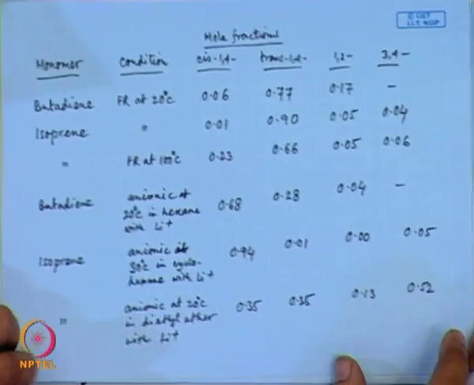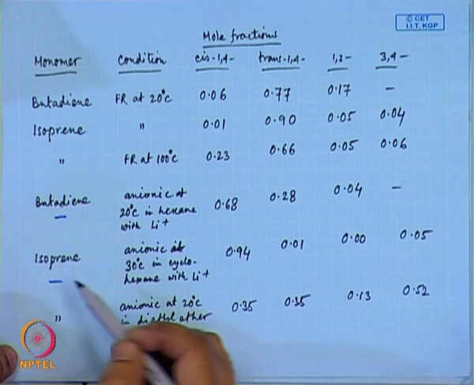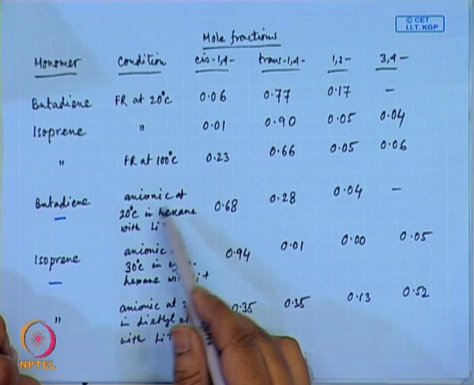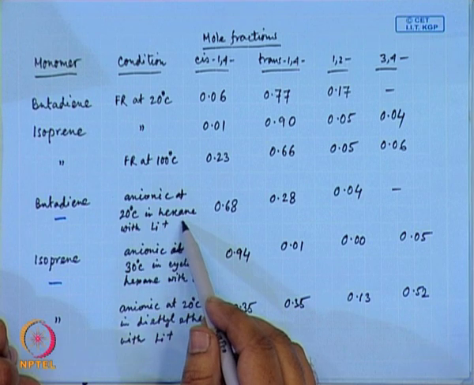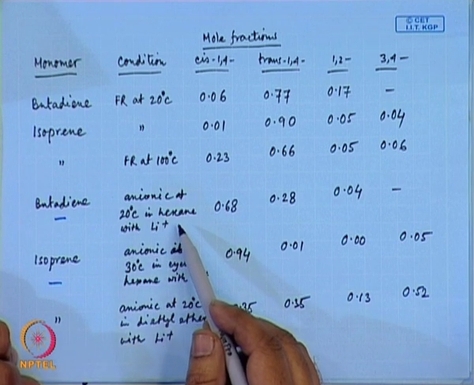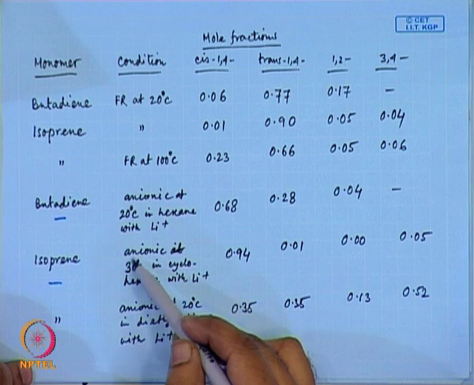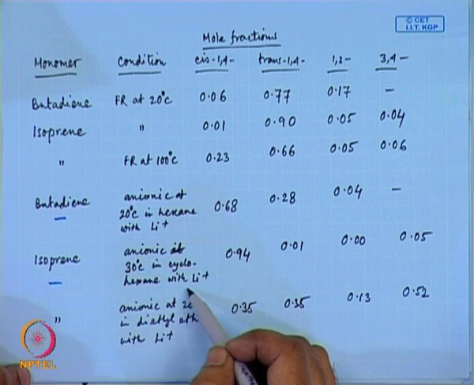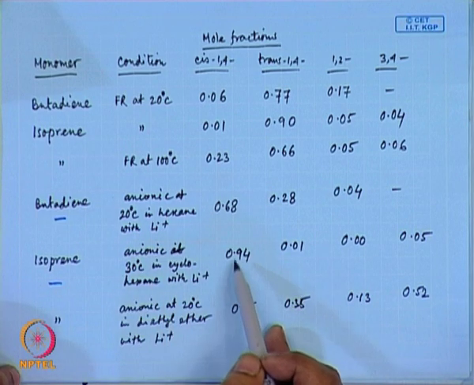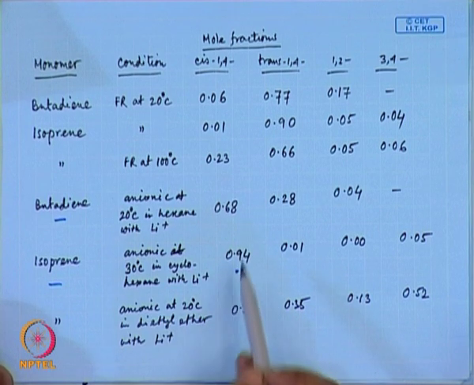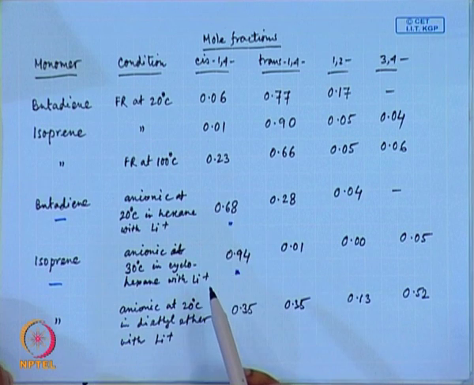So, if you look at a few data, you take butadiene and isoprene, obviously we compare anionic polymerization at 20 degree centigrade in a non-polar medium, hexane, anionic polymers at almost similar temperature in a non-polar medium. Obviously, because there will be a dominant cis product in both the cases, the cis product is dominating.